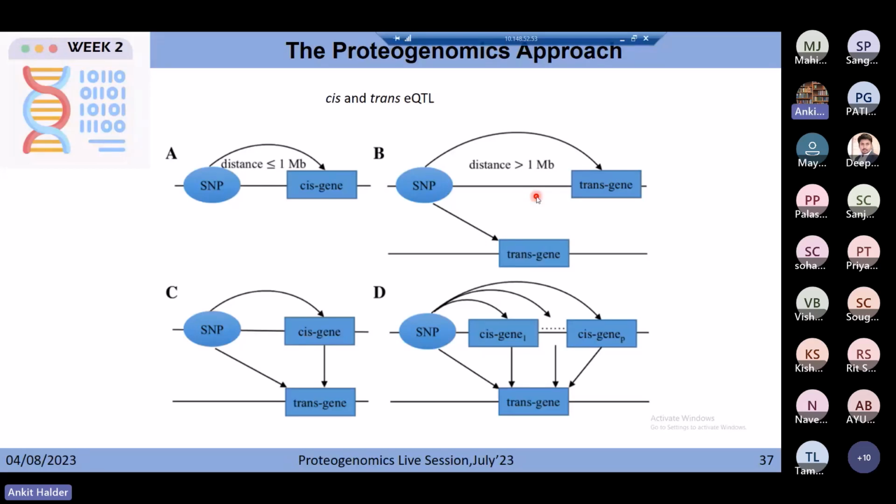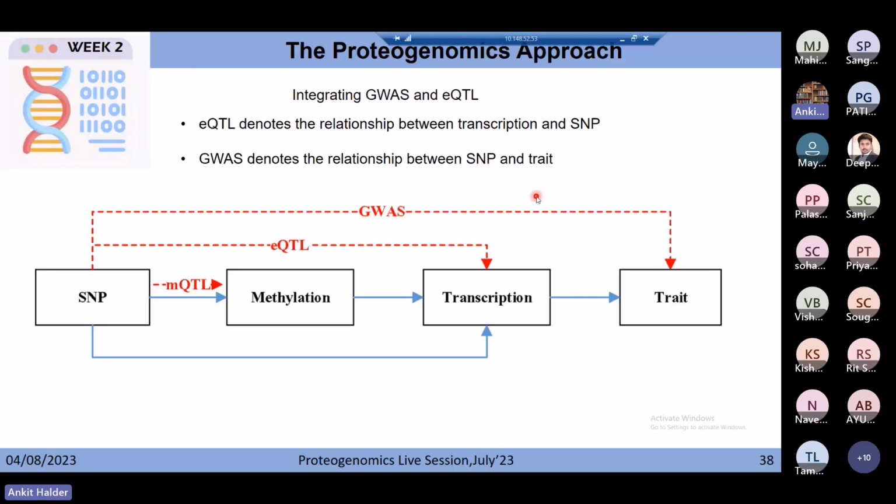Now how will you get an overview of both GWAS and eQTL? Here the concept is that all three are integrated.